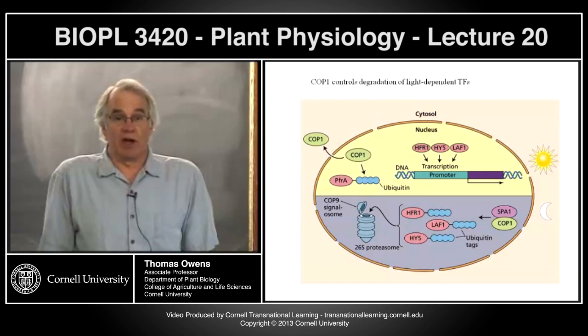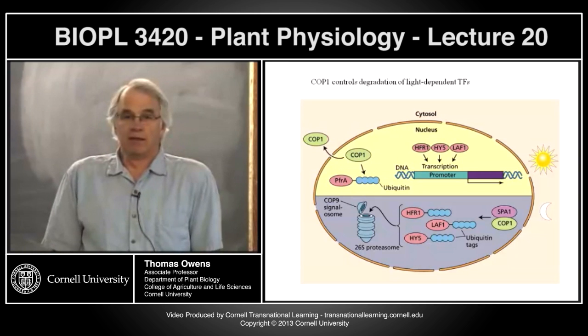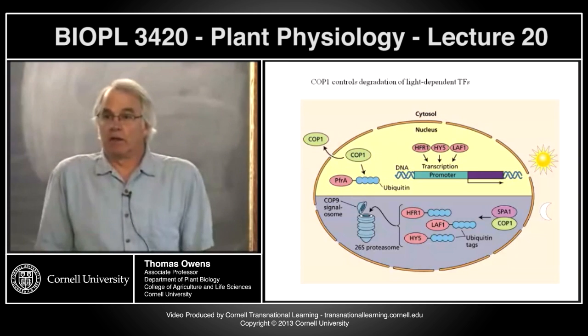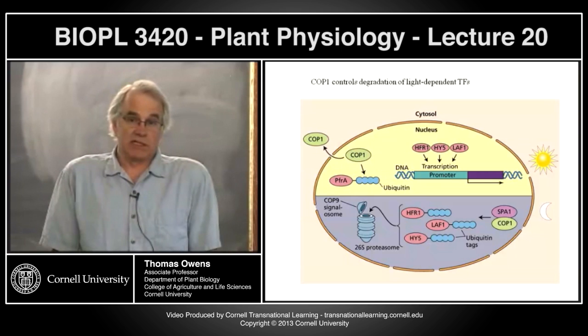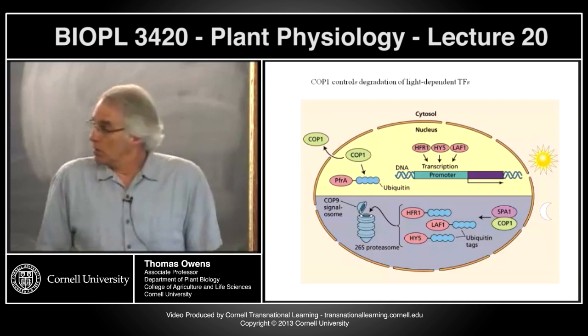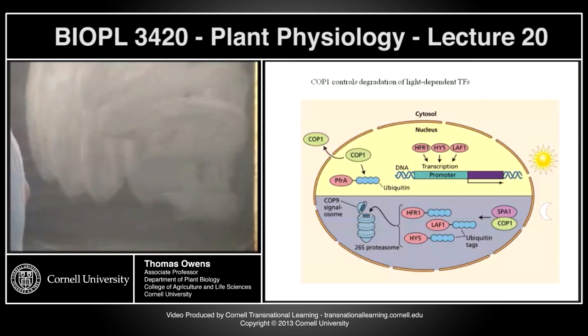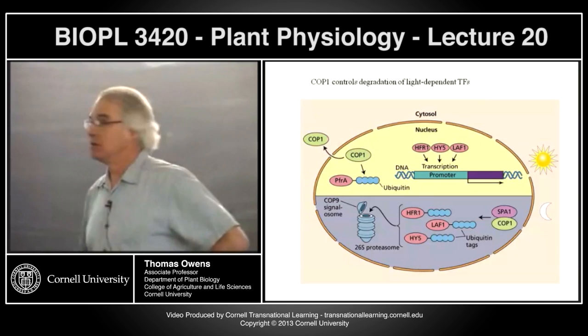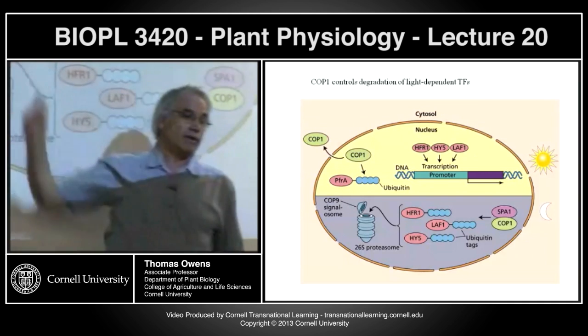So when we left off on Tuesday, we were talking about this rather non-informative figure that looks at the role that Phytochrome plays in regulation of gene expression. Let me just remind you that in this particular figure, the only role that Phytochrome is playing is that it happens to be degraded by COP1.